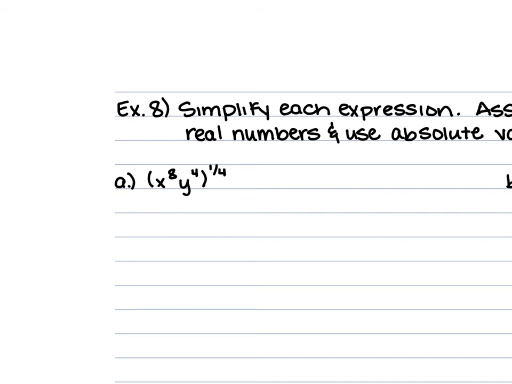Again, if you have parentheses and that parentheses is raised to a power, the power goes to each of the terms inside the parentheses. So inside the parentheses, you have the x to the 8th power, which is going to be raised to the 1/4 power, as well as the y to the 4th power is going to be raised to the 1/4 power. When we have powers raised to powers, we multiply them. So this is going to give us x squared times y to the 1st power, which is just x squared y.